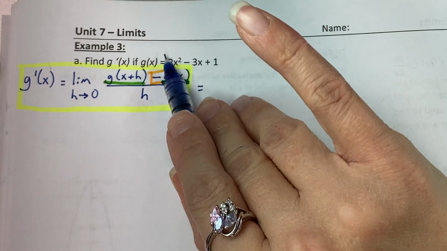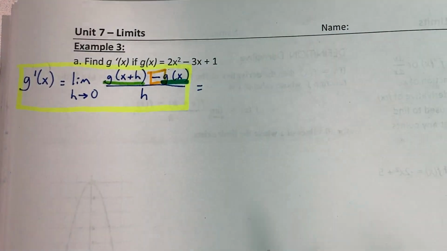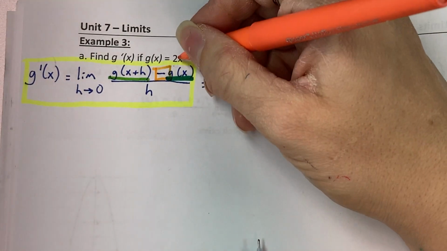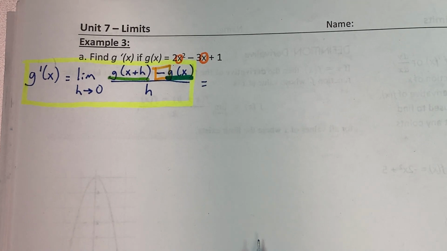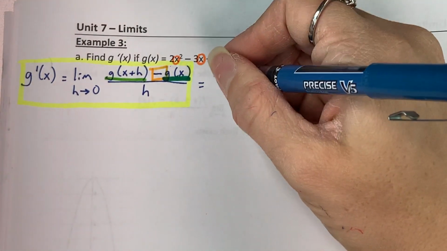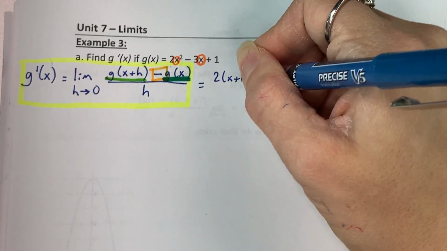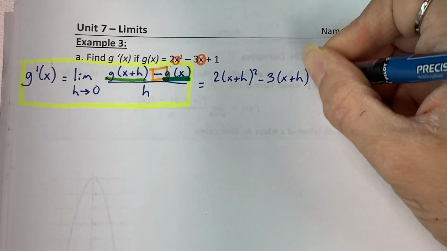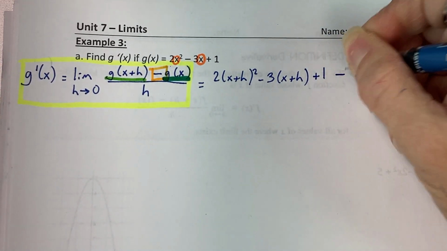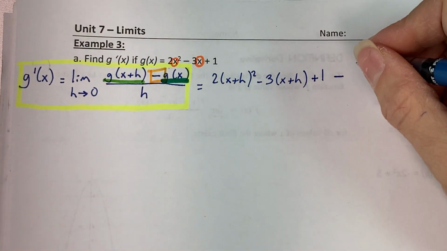So for our first step, we're going to have 2x squared. What are we going to put in for that x? Well, x plus h. Same with that x as well. So 2 places to plug in that x plus h on this one. So 2 times x plus h squared minus 3 times x plus h plus 1 minus parentheses.